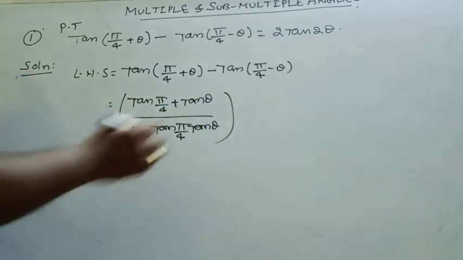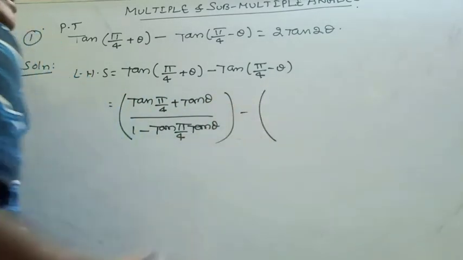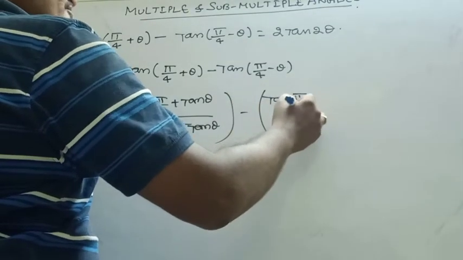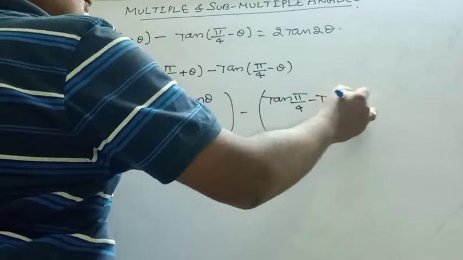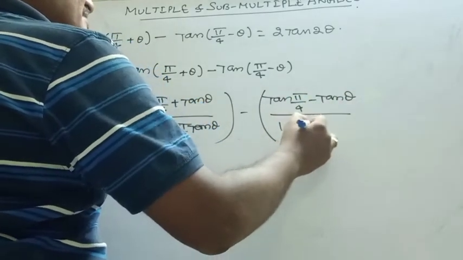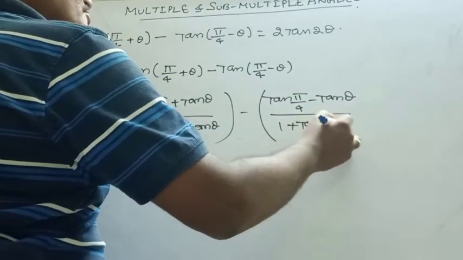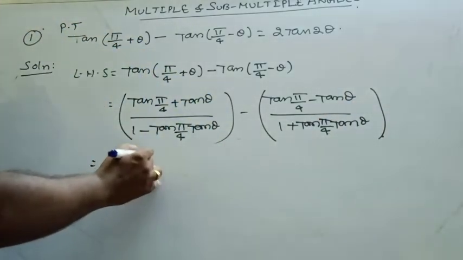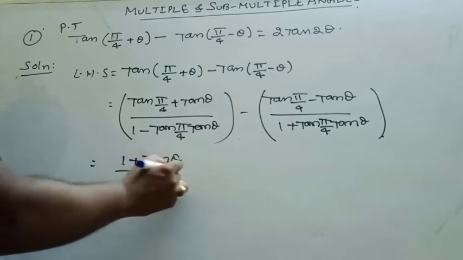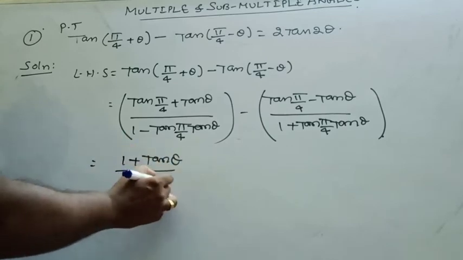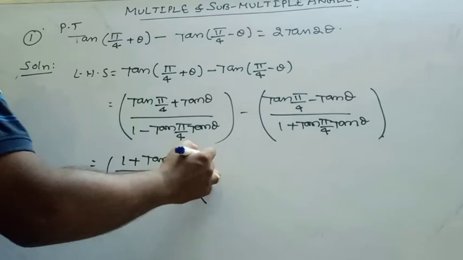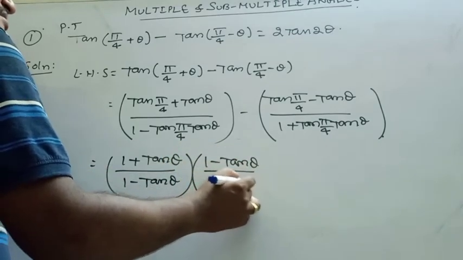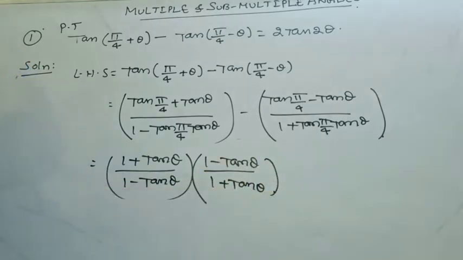And this minus, we are having here, by the tan a minus b formula, (tan pi/4 - tan theta) divided by (1 + tan pi/4 into tan theta). This is equal to (1 + tan theta)/(1 - tan theta) minus (1 - tan theta)/(1 + tan theta).